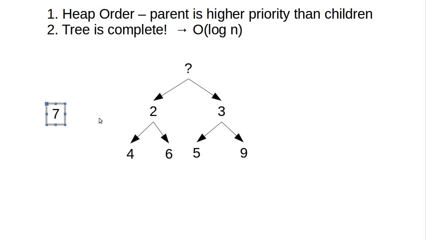Either one of them is higher priority than the 7, but because the 2 is higher than the 3, we can't move the 3 up. That would break heap ordering. We have to move the 2 up. So the 2 goes to there. Our stone falls down to here. The 4 is higher priority than the 6. The 4 is also higher priority than the 7. So the 4 moves up, and our stone sinks down. Because we're at a leaf, that is where the 7 resides, and we're done.